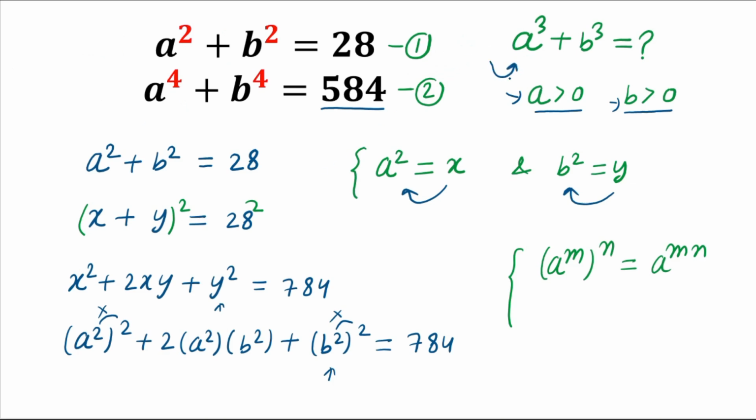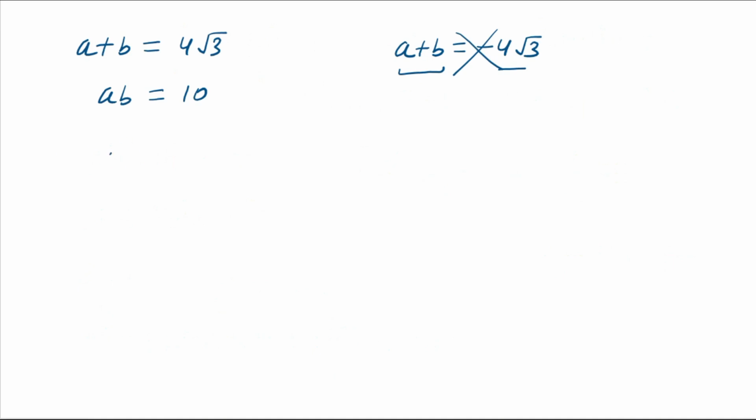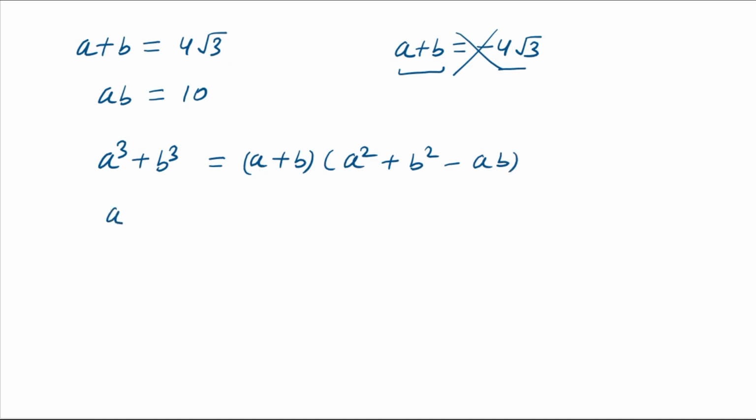Now we need to calculate the value of the expression a cube plus b cube. We know the algebraic identity: a cube plus b cube equals (a plus b) multiplied by (a square plus b square minus ab). So a cube plus b cube equals the value of a plus b, which is 4 root 3, times a square plus b square, which is 28, minus ab, which is 10.